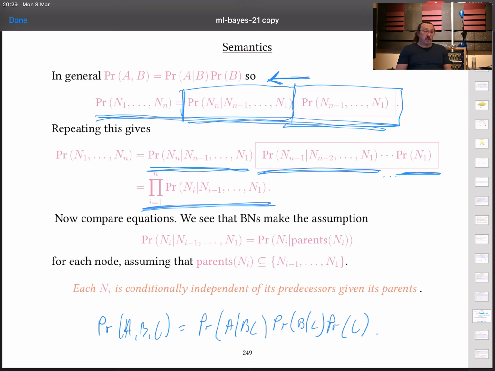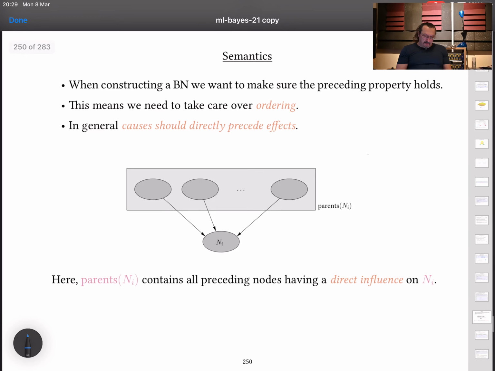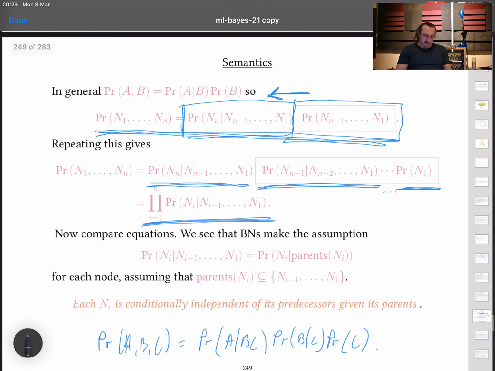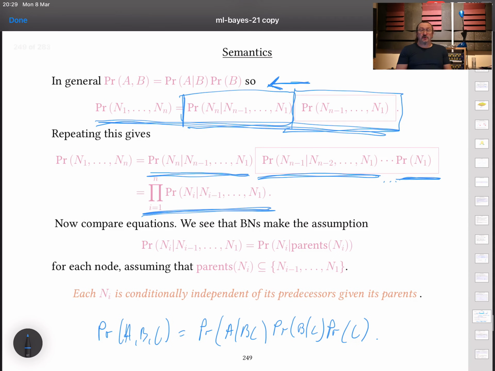Now that's one of the things that you can infer from this way of representing a joint distribution, but there are others which I'm going to come on to in a moment. However, that is a good place to stop now.